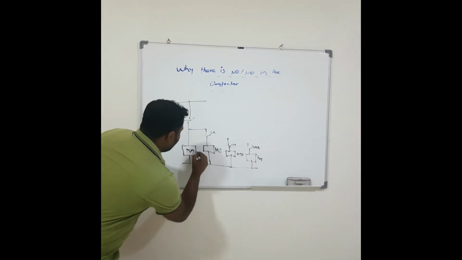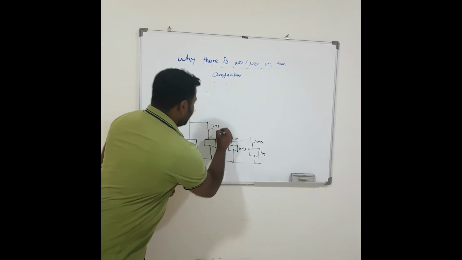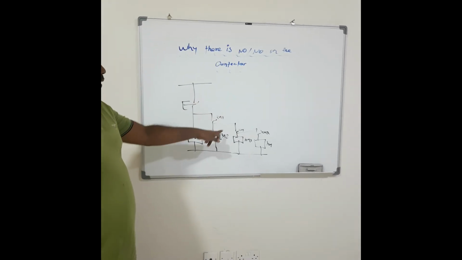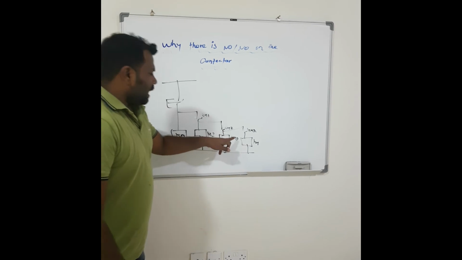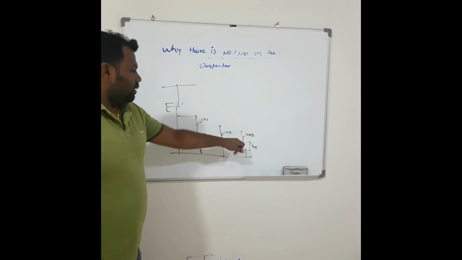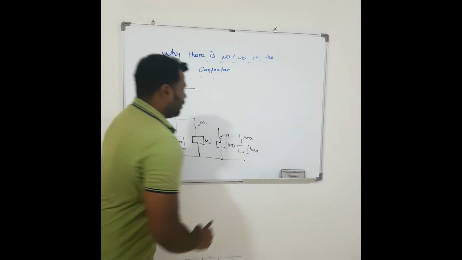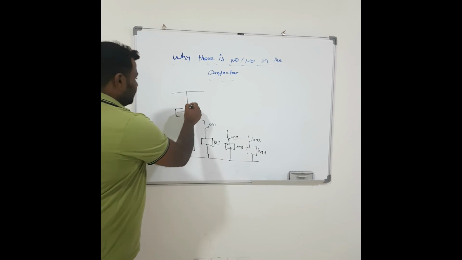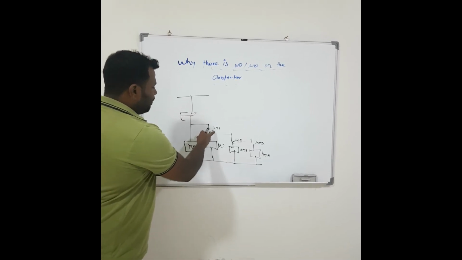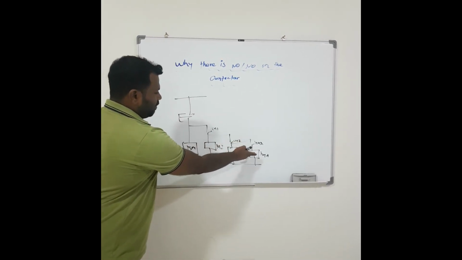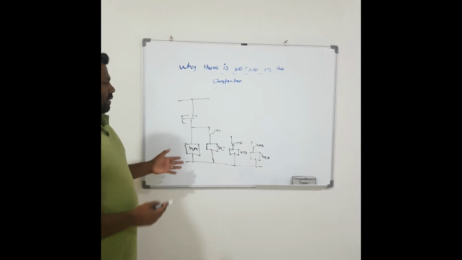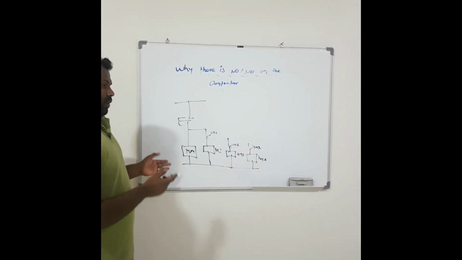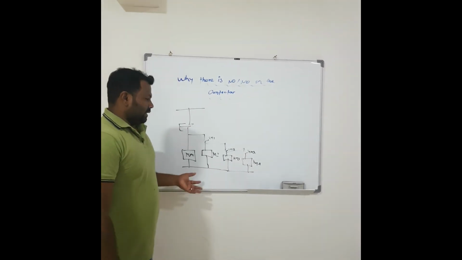So KM1 NO is used to energize KM2, KM2 NO is used to energize KM3, and KM3 NO is used to energize KM4. Once you switch this off, KM1 will open, KM2 will open, KM3 will open. So obviously all the loads will go off together. So for this application also, if you want, you can use it like this, okay.